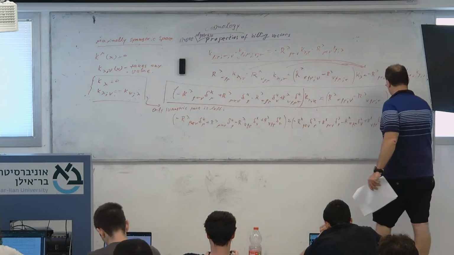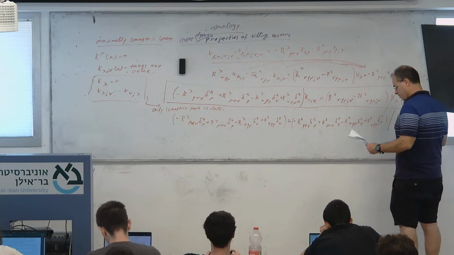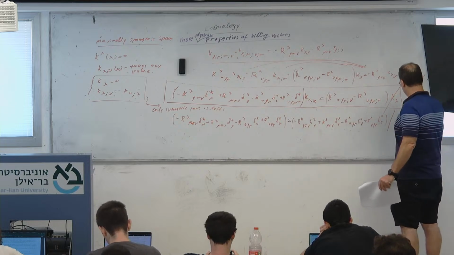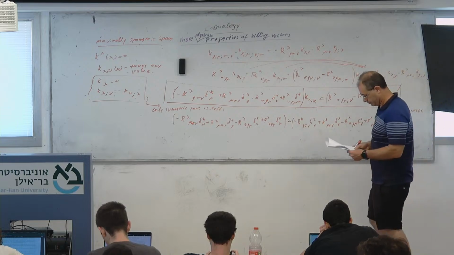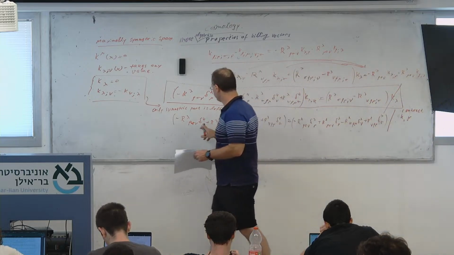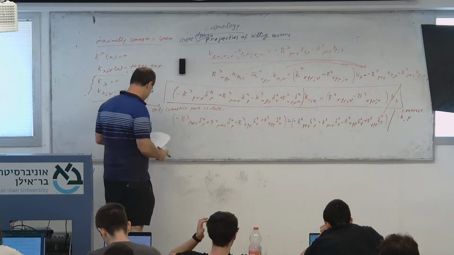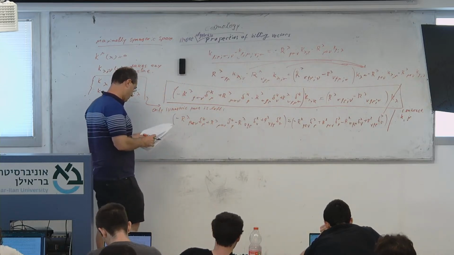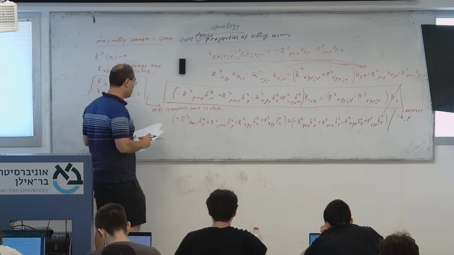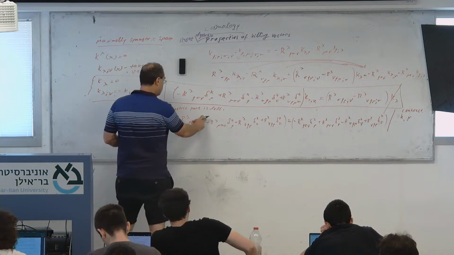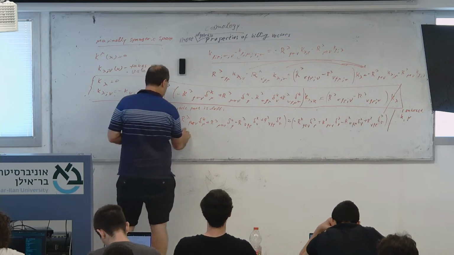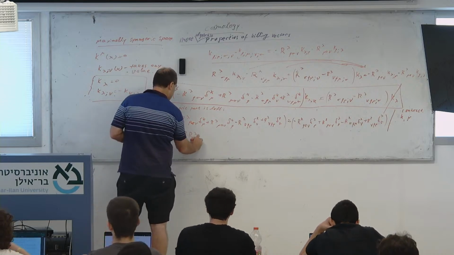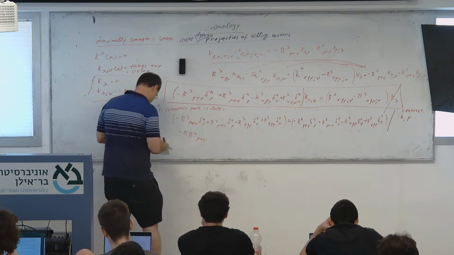Now I contract kappa and mu. And what do I have here? When I contract kappa and mu, this is just n. So minus n r lambda rho sigma mu.